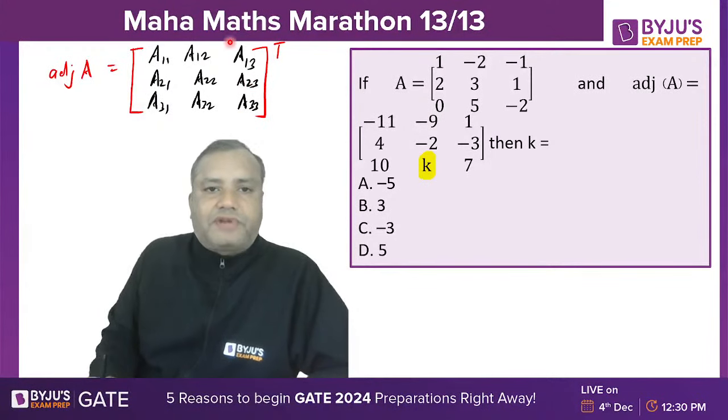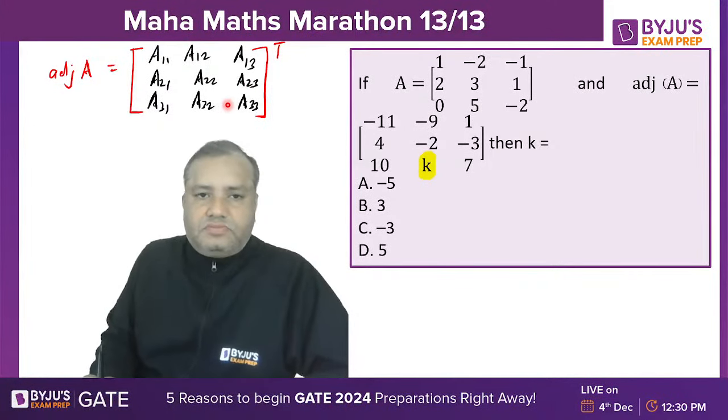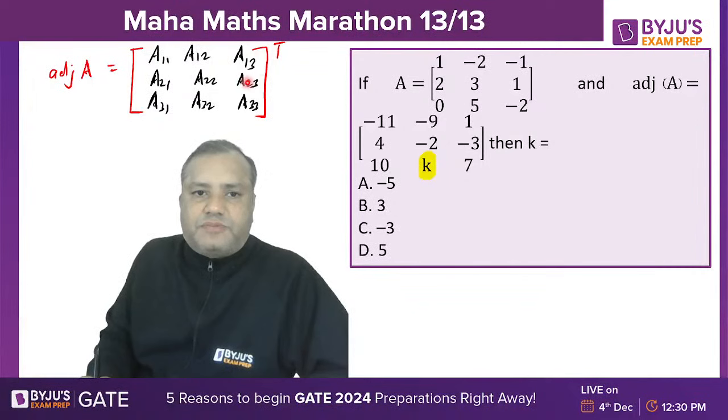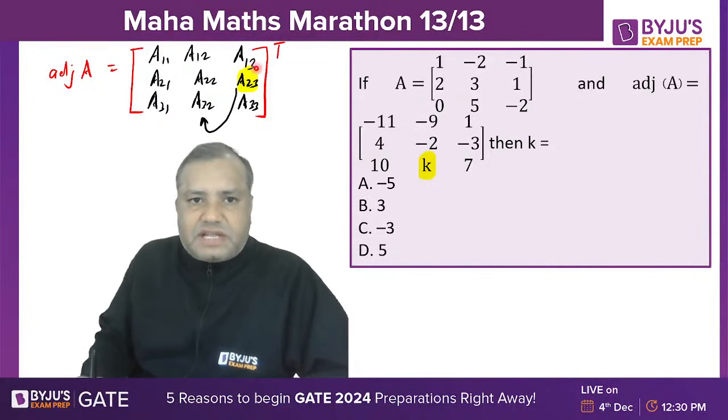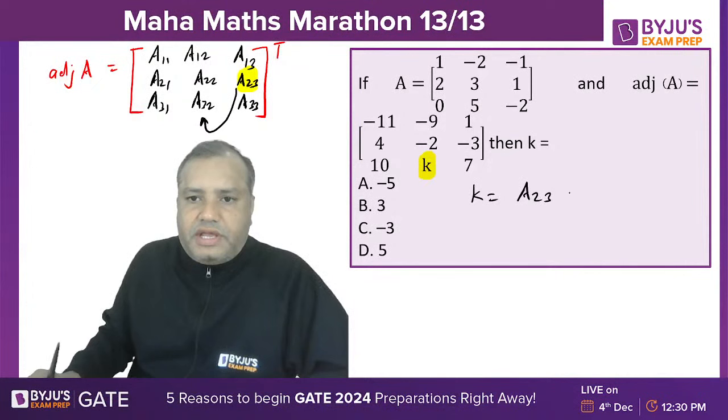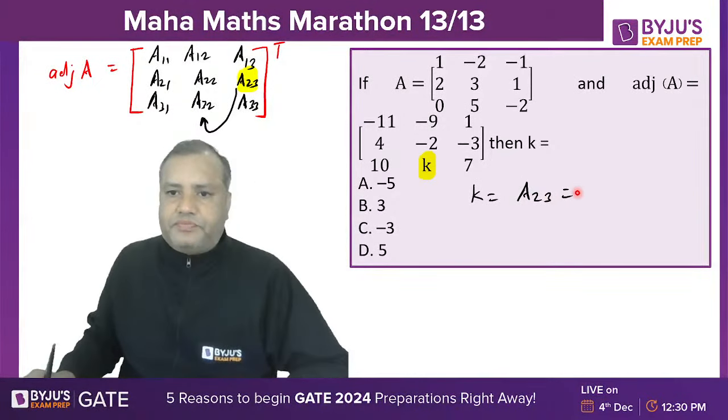Capital letters represent cofactors. Now after taking the transpose, this A23 will be reaching this position. It means this K is nothing but A23. K is A23. And how to calculate A23?